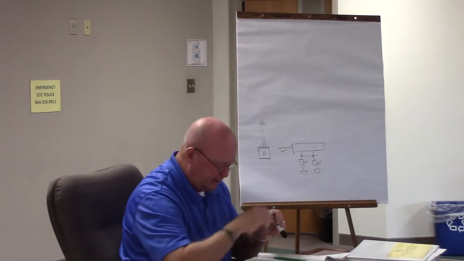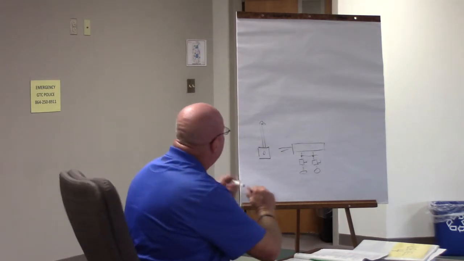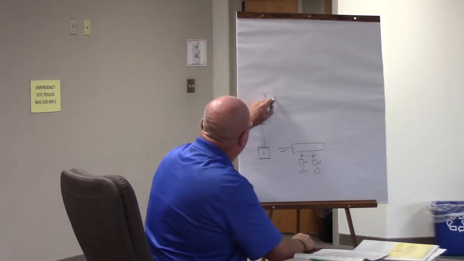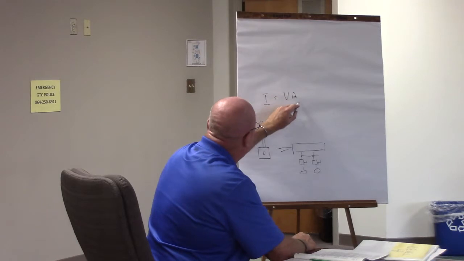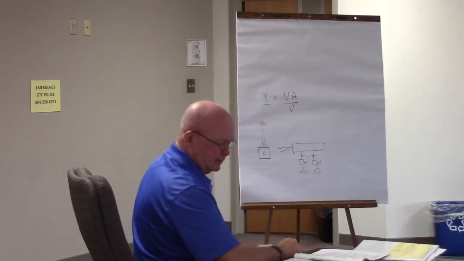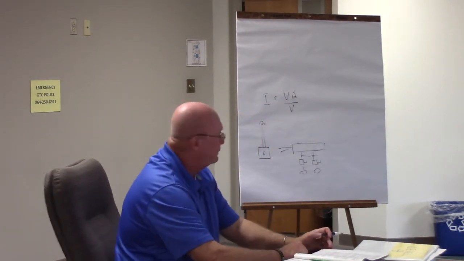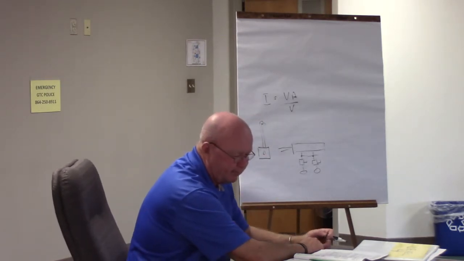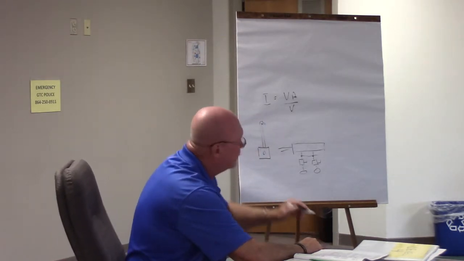It gives us an equation here. I is equal to VA over V. What do these symbols stand for? What does I stand for?